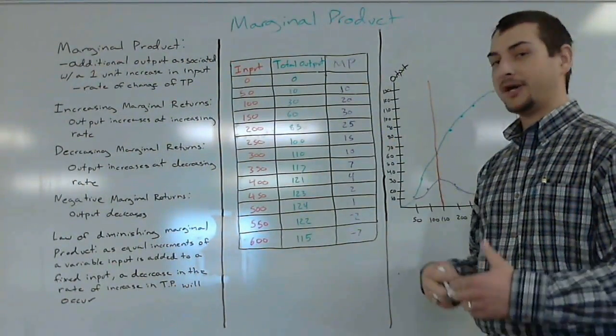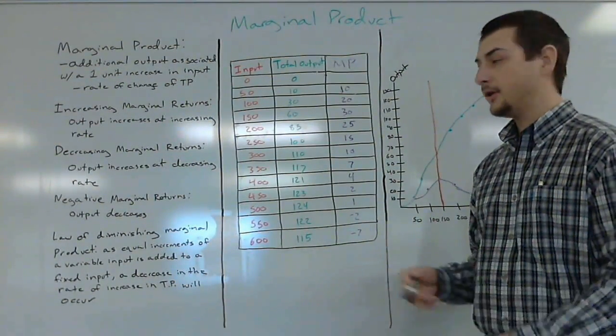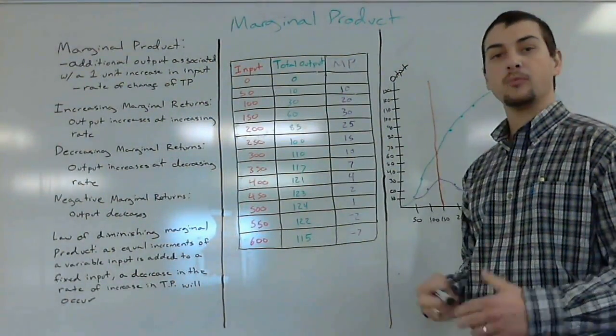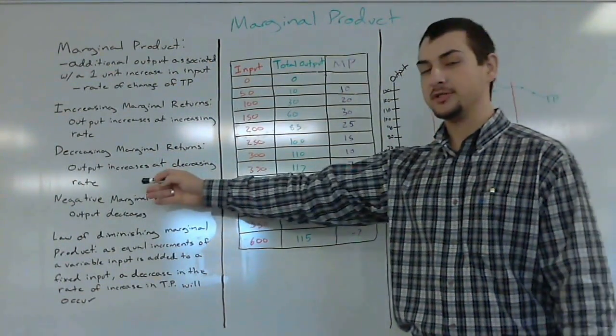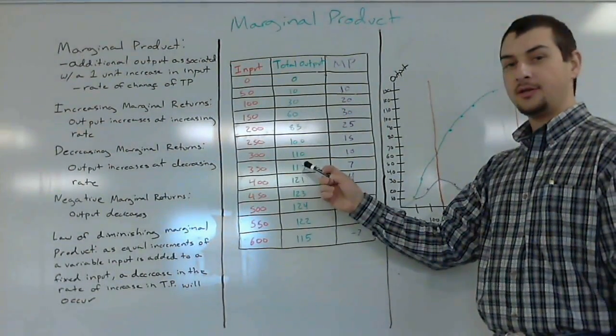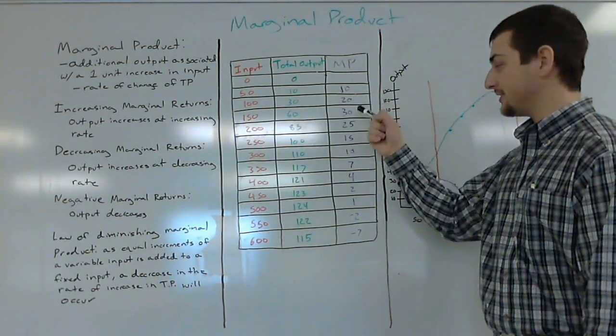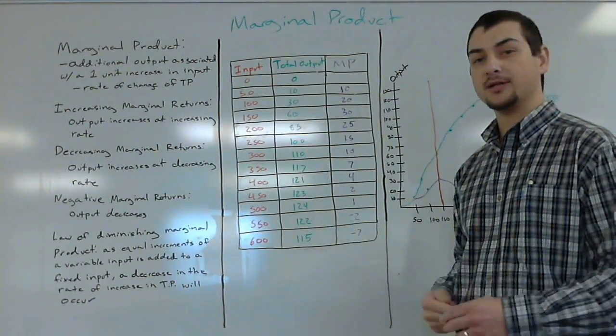Or as we go to the next 50 pounds, from 200 to 250, we only get 15 more bushels per acre. And that rate is falling. So decreasing marginal returns says that our total output is still increasing, but the rate at which it's increasing is falling, and that rate is shown by the marginal product.